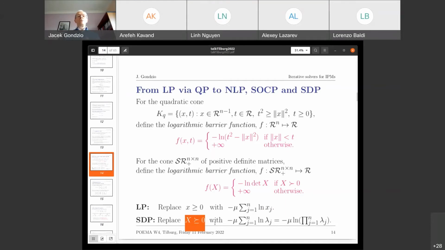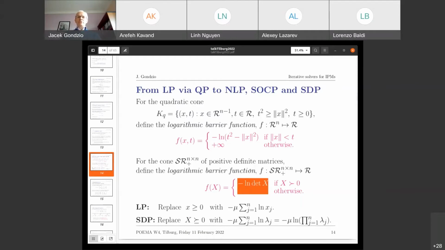And now all eigenvalues non-negative would be just an inequality, lambda greater than or equal to 0. So we take the sum of logarithms of all the lambdas. But the sum of logarithms of lambdas is the logarithm of the product of lambdas. So the product of all eigenvalues of the positive definite matrix gives us the determinant of this matrix, which explains this form here.